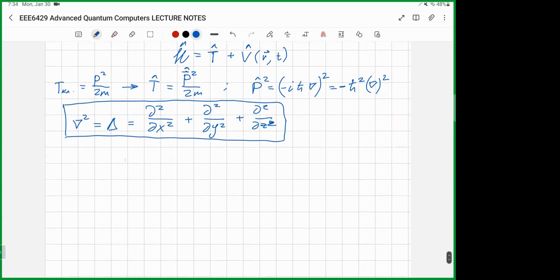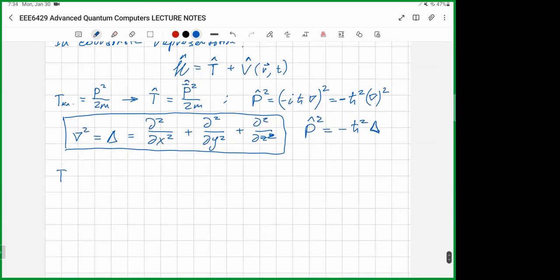So the operator of squared momentum is equal to minus ħ squared times the Laplacian. So the kinetic energy operator is minus ħ squared over 2m times the Laplacian.